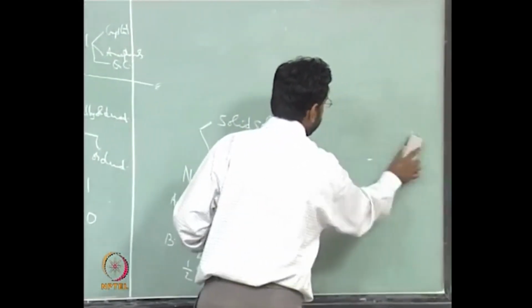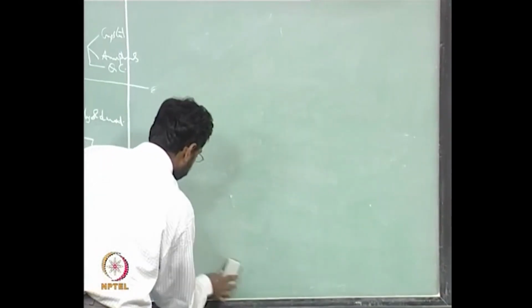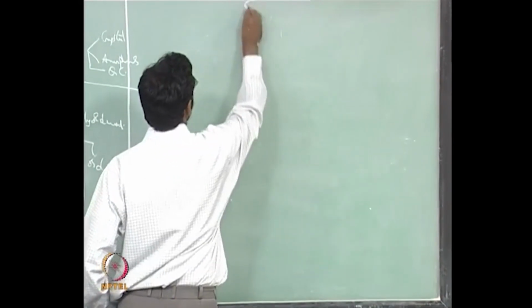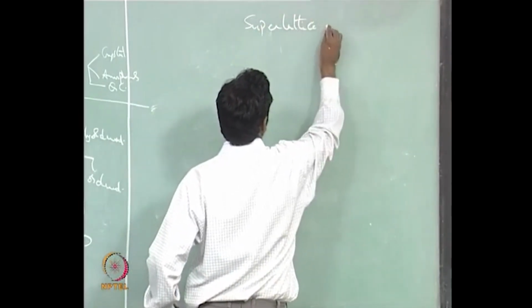If you do an XRD, you get extra spots or extra peaks, which we call superlattice peaks, superlattice reflections.